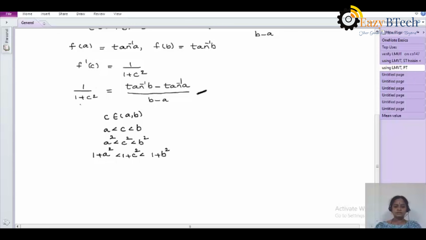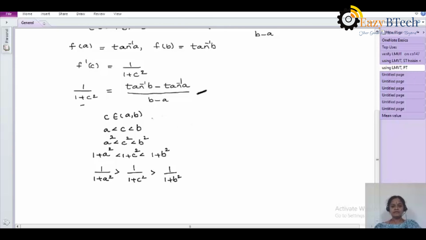And again we need 1 by. If we apply 1 by here, the less than symbol becomes a greater than symbol: 1/(1+a²) > 1/(1+c²) > 1/(1+b²).